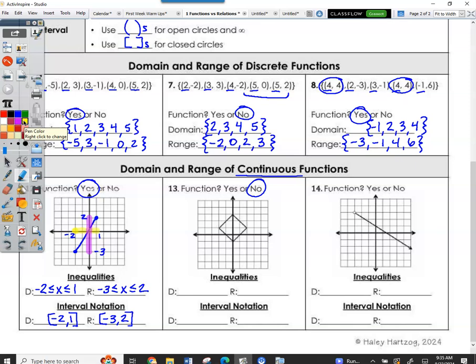Imagine this graph collapses to the x-axis. What would be covered? Well, the lowest point starts here, and it runs to there. -2 to 2.